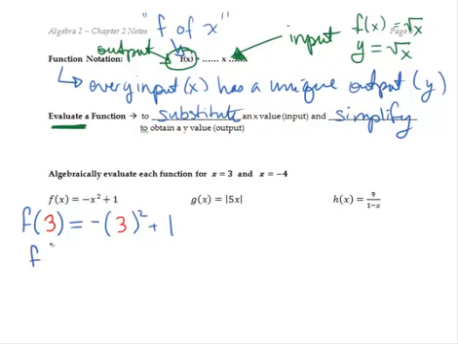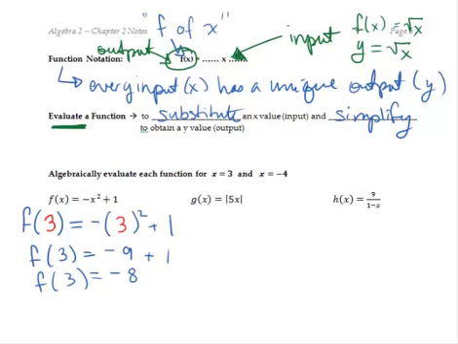We just say f of 3 equals, and we simplify this. 3 squared would be 9, and this has a negative on the outside, plus 1. Negative 9 plus 1 is negative 8. So f of 3 equals negative 8.